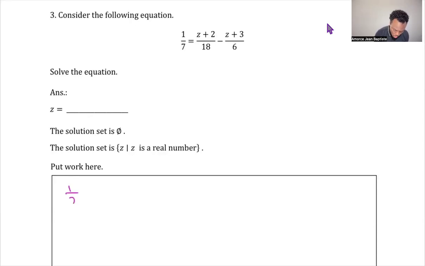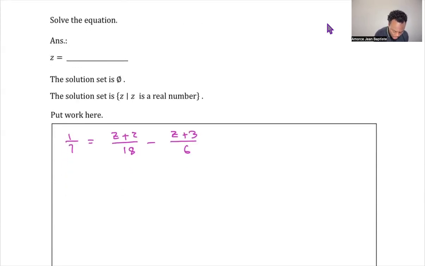1/7 equals z plus 2 over 18 minus z plus 3 over 6.